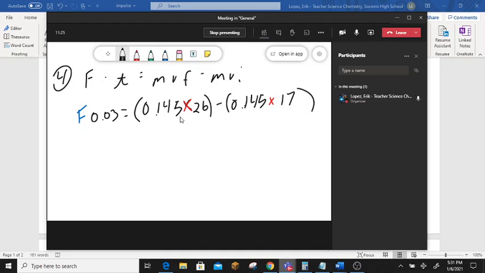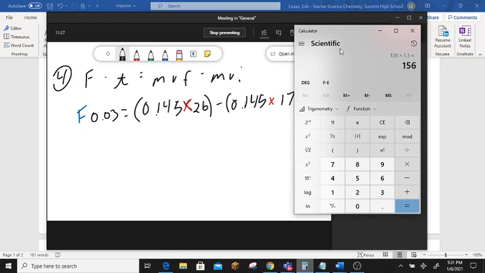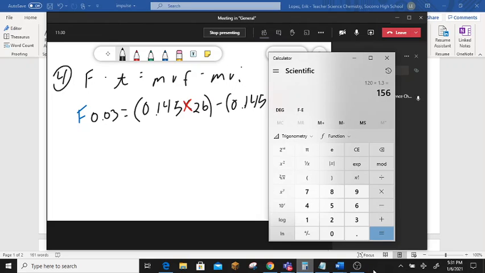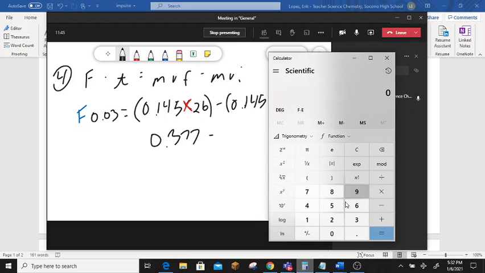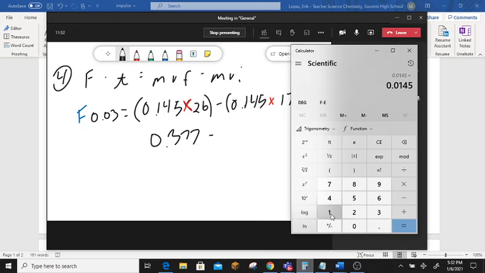So this problem looks easy now, right? Do what it's telling you to do. So here it's telling me to do 0.145 times 26, and that gives me 0.377. 0.145 times 17 gives me 2.465.